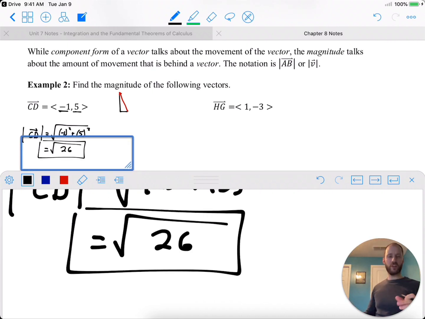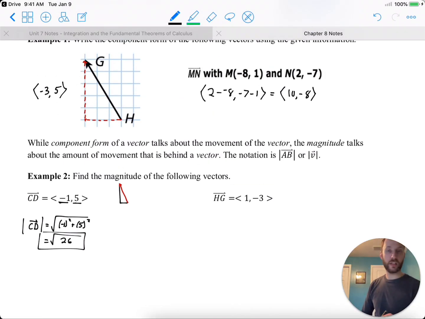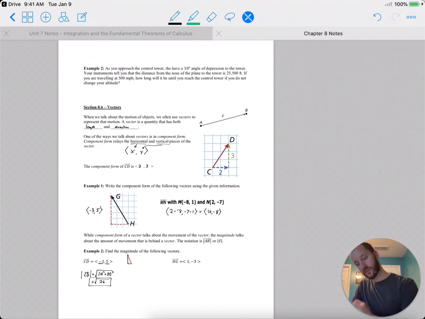So the amount of movement that is propelling the object is root 26 units, whatever your unit of measurement is, okay? Go ahead and take a look at that other example. Check your work with my completed notes.